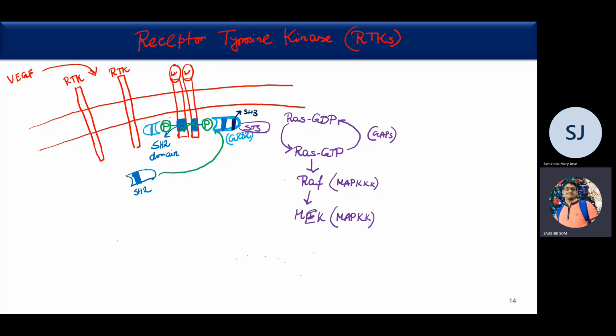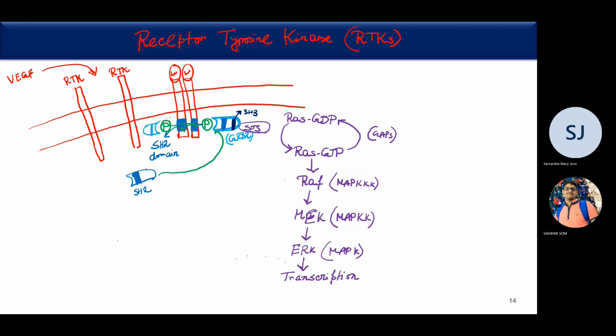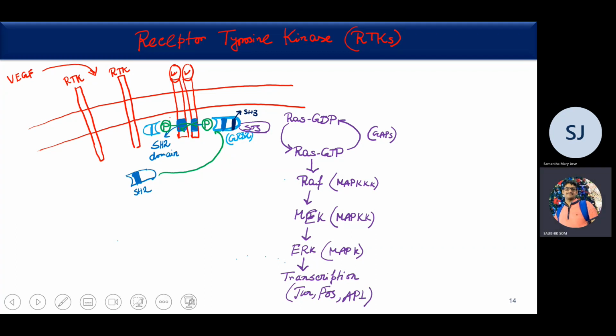The MAP kinase will activate ERK, which is a MAP kinase, and this will activate transcription, some effector proteins like Jun, c-Jun, c-FOS, AP1, like that. Okay. So this part of the pathway is known as the MAP kinase pathway.